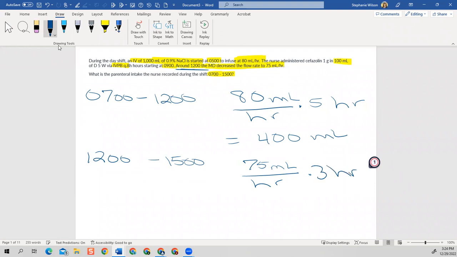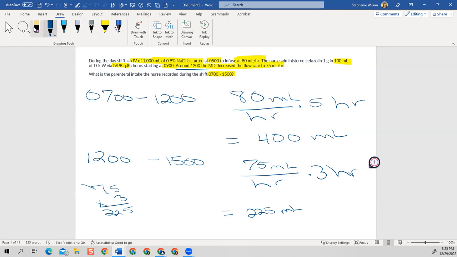So now we have 75 times 3. And if you need to do your math on the side, remember you can only use a simple calculator that has multiplication, division, addition, subtraction, and square root only. So carry that. 225. All right, so now we know the intake for the infusion.